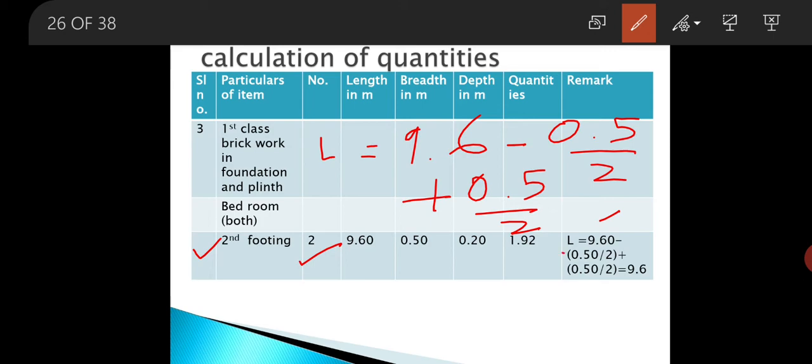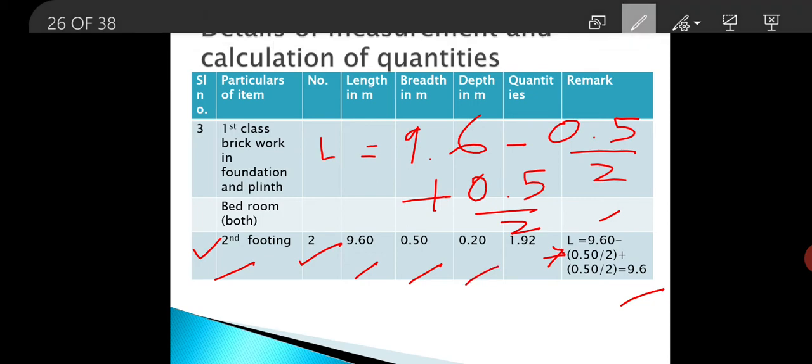But the change is only in the width. That was the first footing, here it is the second footing. So, the length will remain 9.6 and width of the second footing is 0.5 and depth is 0.2.